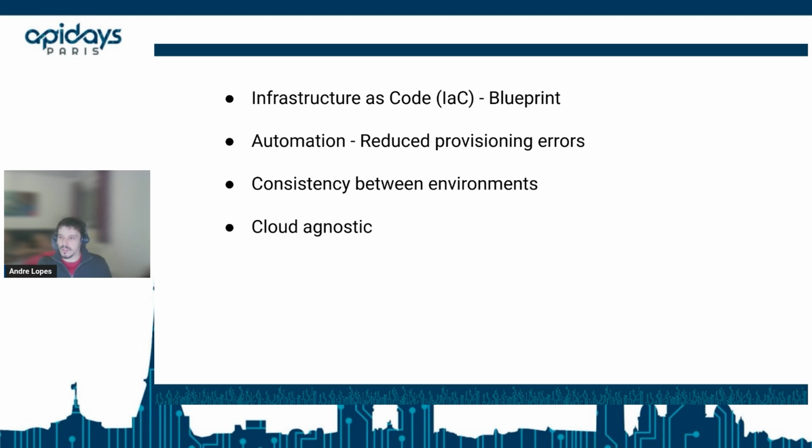Terraform is also cloud agnostic. We're talking about AWS, but you learn only one language to be able to write your infrastructure as code for any cloud provider that is supported, that has a provider in Terraform.